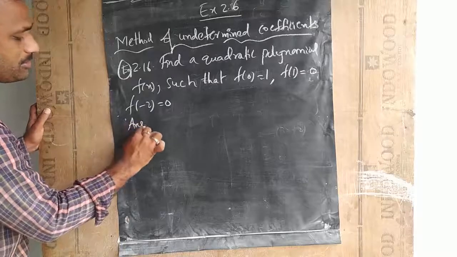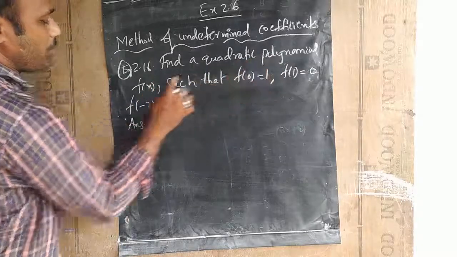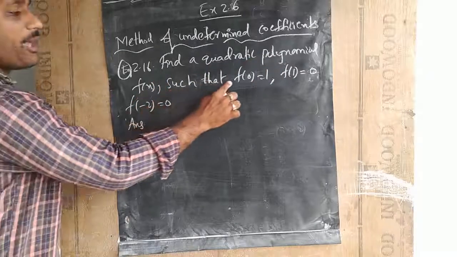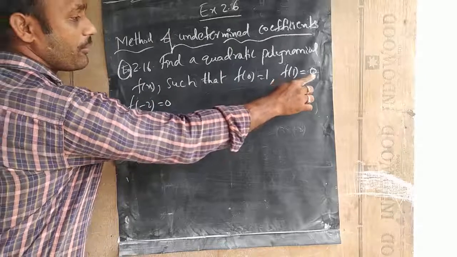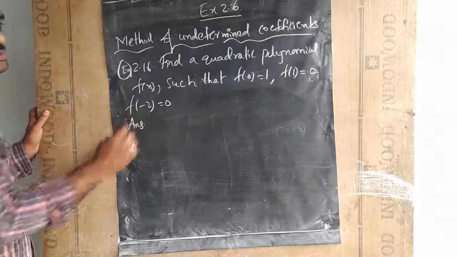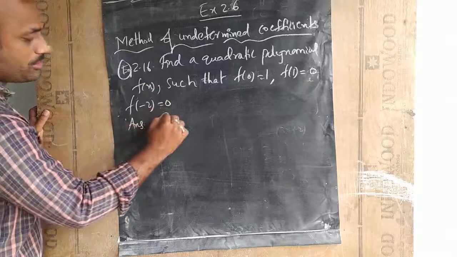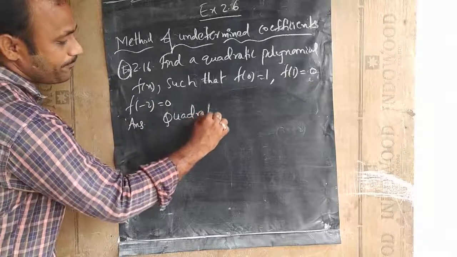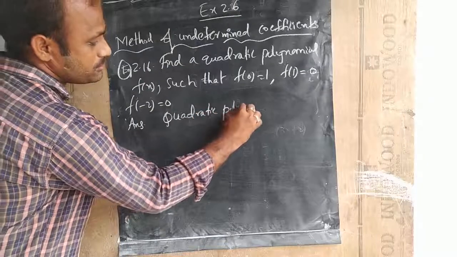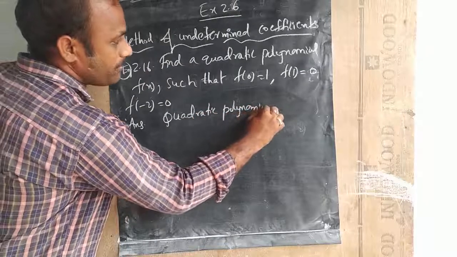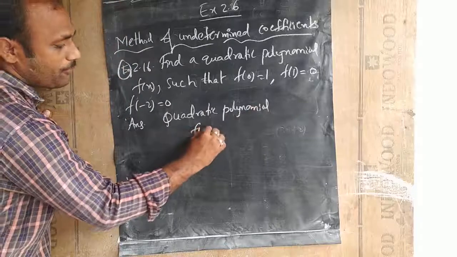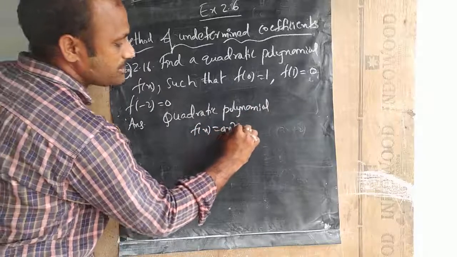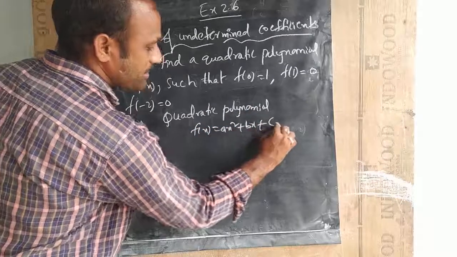Find a quadratic polynomial f of x such that f of 0 is equal to 1, f of 1 is equal to 0, f of minus 2 is equal to 0. So, quadratic polynomial first. That is f of x is equal to ax square plus bx plus c.